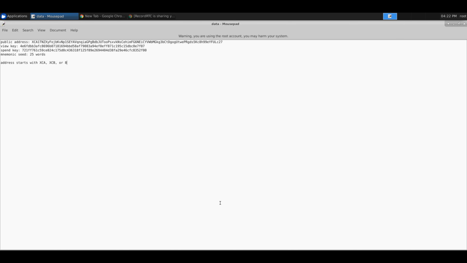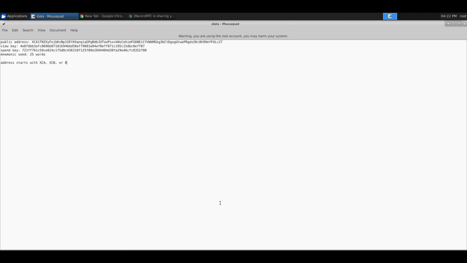The reason for combining the XCA and the encrypted payment ID into a new format, it's not an address, is because a lot of exchanges need to know who sent them the funds. So people started figuring out that if you forget to type in the payment ID when you send it to an exchange, they're not going to be able to know who actually sent those funds.